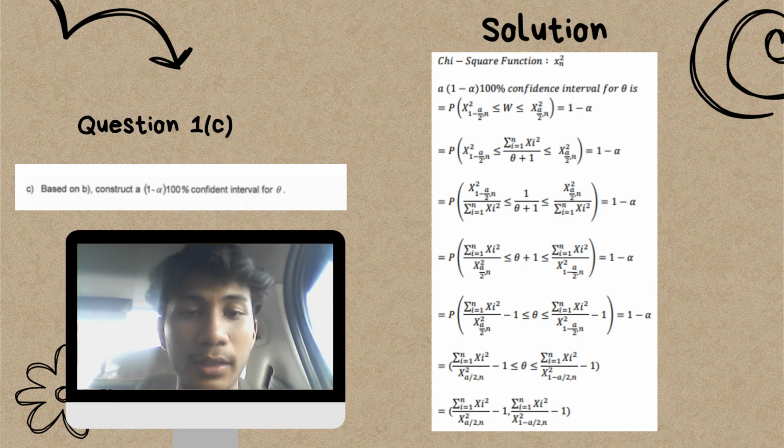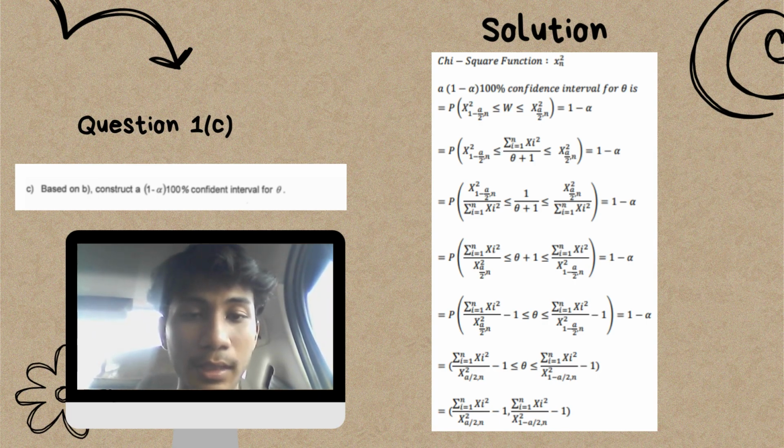Then we need to minus both sides with 1, and we'll get probability of summation x squared i over chi-square alpha over 2, n minus 1 less than theta less than summation of x squared i over chi-square 1 minus alpha over 2, n minus 1.